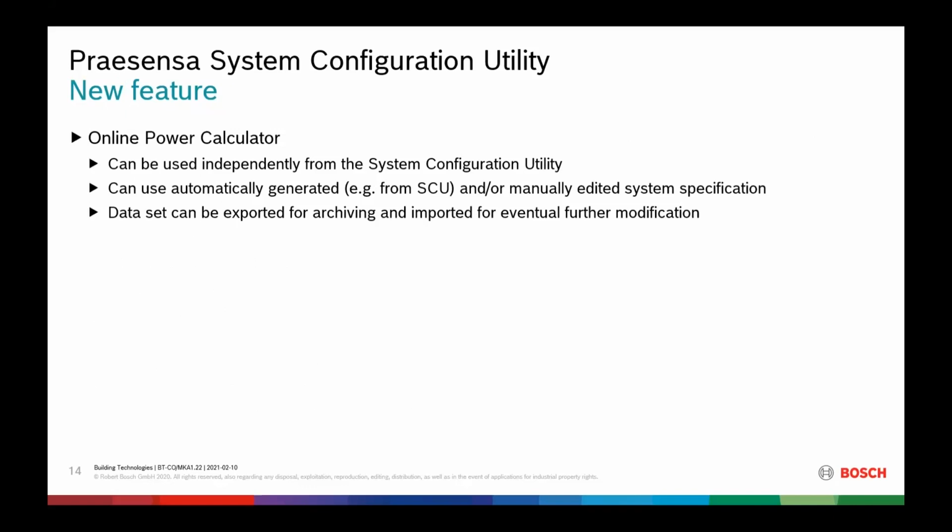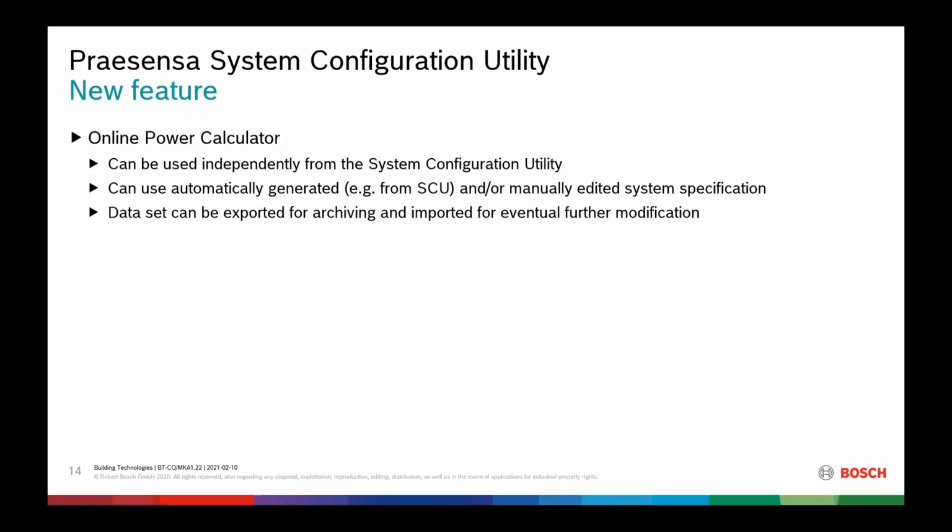In addition to that, it would allow you to import all the bill of material from the system configuration utility, or to enter all the information manually, or to combine.